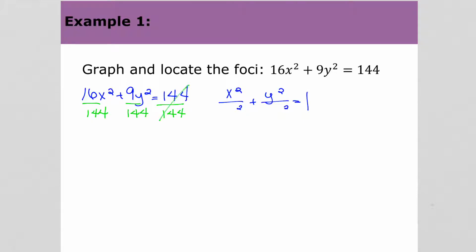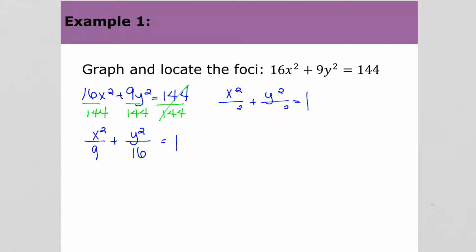When we do that, we'll get 1 at the end. And here, on the top, we'll get 16 divided by 144 is 1/9. So it'll be x squared over 9. 9 divided by 144 is 1/16. So it'll be y squared divided by 16. Now we're in the correct form.